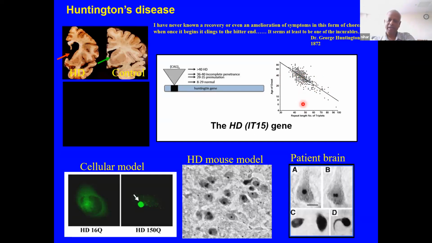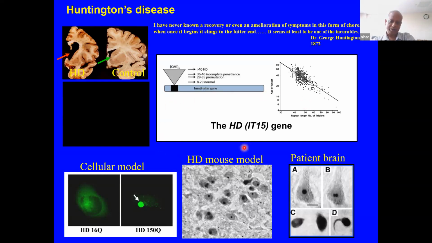But if the repeat length increases, you might get the disease at an early stage. There's a classic phenomenon seen in this group of disorders that is often called anticipation in genetics. Anticipation means that successive generations of the affected family experience earlier disease onset and increasing disease severity. I hope it's clear.